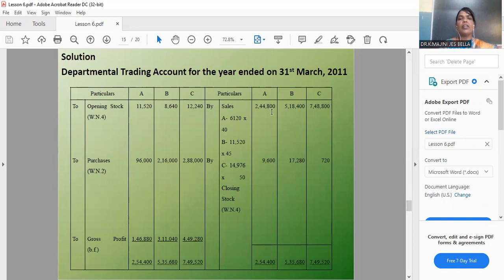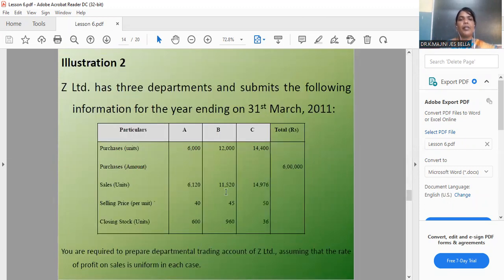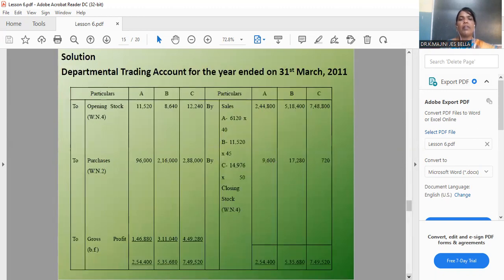That is for department A, 2,44,800. Then department B, 11,520 into 45. How much is the amount? 5,18,400. Just write it in the department B.